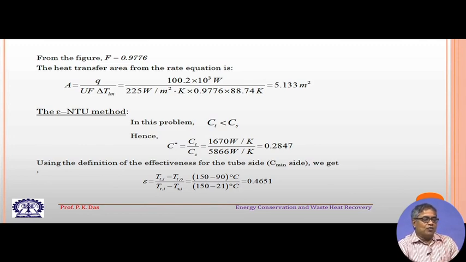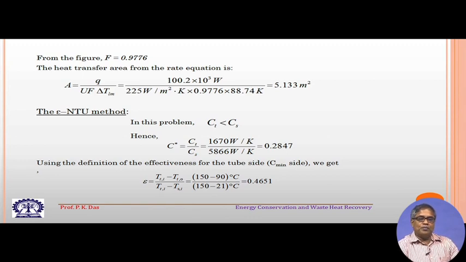Now, obviously, one can go for the decision of tube diameter, tube length, number of tubes, and how they will be arranged, all these things. Those are not within the scope of this particular course, but those are very essential, and to complete the heat exchanger design one has to do those things.